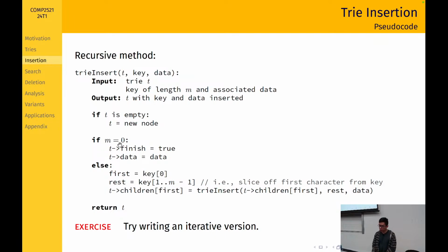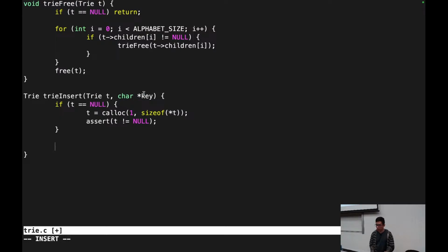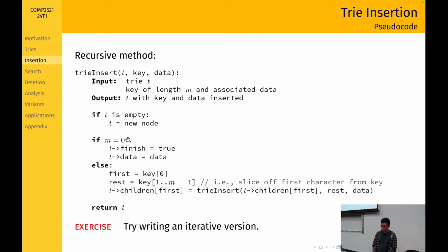So first of all, if m equals 0, so this means if the key is empty, right? So here I don't actually have an m variable, but the key is empty if this string is empty, right? So how do I check if a string is empty? That means the first character should be a null character, right? So if key at index 0 is the null terminator, then I'm going to set t to be a finishing node, right?